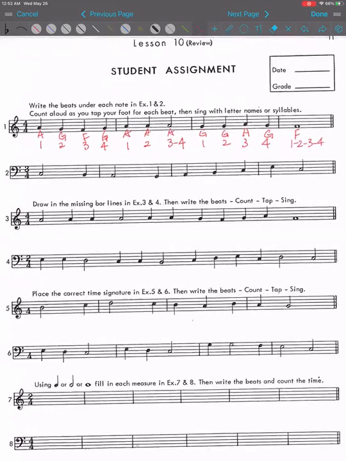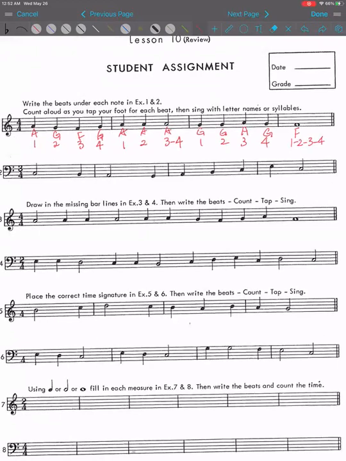Number 2. It's bass clef. So the first note is C, and then B, A, G, A, B, C, E, C. So the beats are 1-2, 3, because there are only 3 quarter notes in each measure.